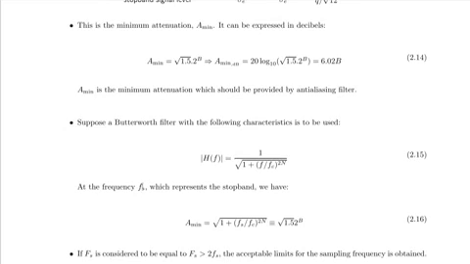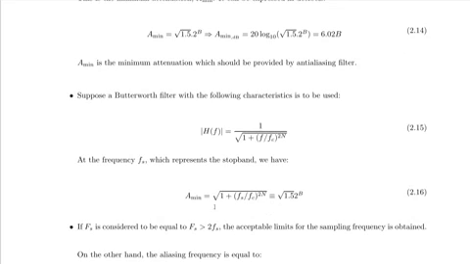At the frequency F_s, or a stopband frequency, which represents a stopband, the minimum attenuation is equal to the square root of 1 plus (F_s over F_c), all to the power of 2n. n is the degree of the filter, which is equivalent to the square root of 1.5 times 2^B. Please consider that here the term is in the denominator and here it's a free term because attenuation is a negative number.